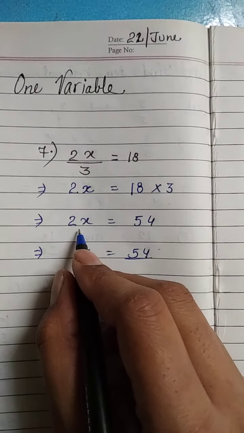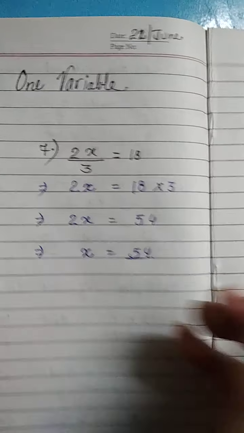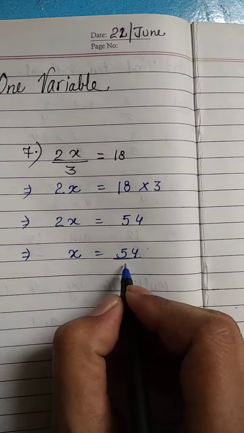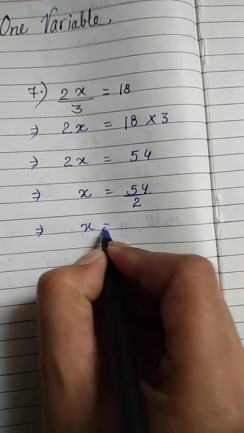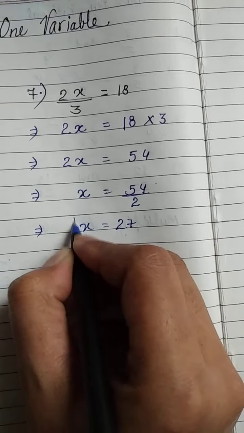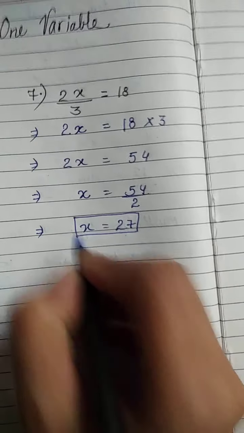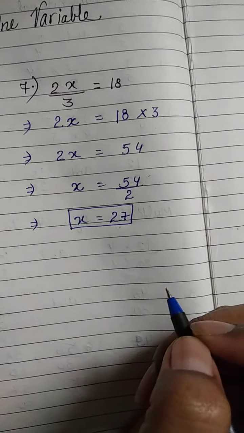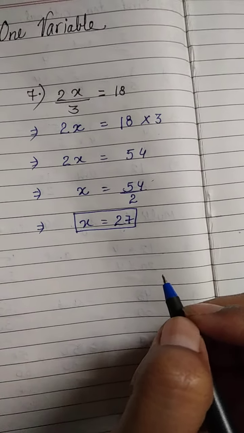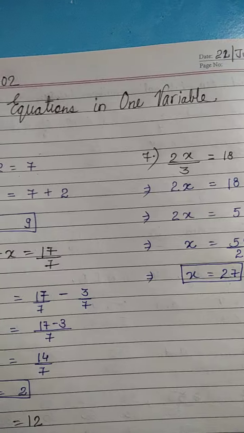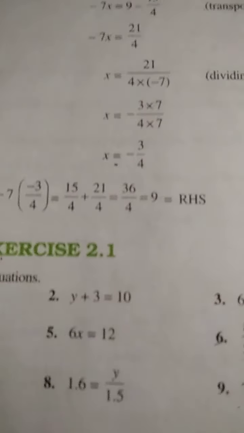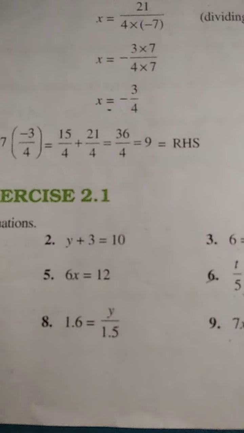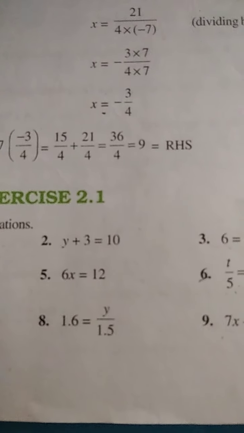Here it is in the multiplication, it will go in the division, so we will divide 54 by 2. When 54 is divided by 2, its answer is 27. Its answer is 27.